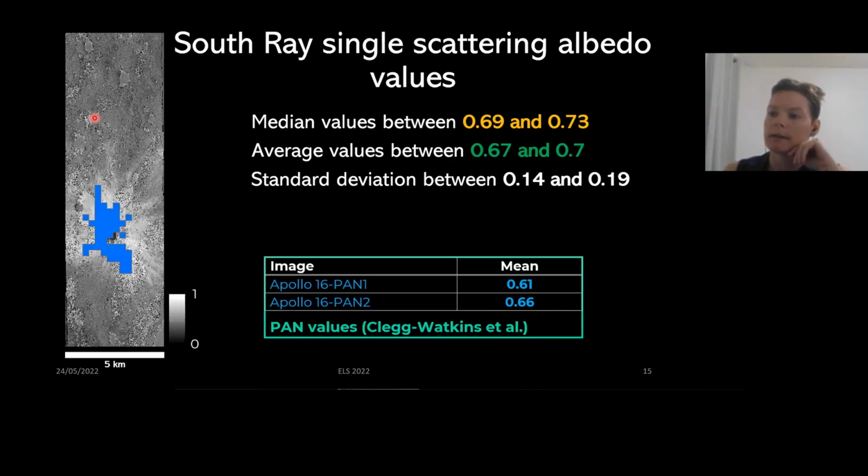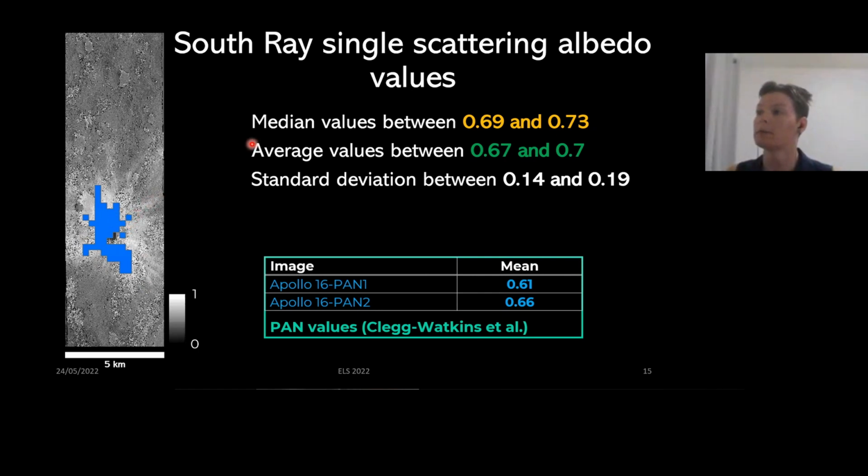And so here, this is a single scattering albedo map for South Ray crater. This is just to show you that we benchmarked the study using other studies. So, I should say that the blue region here is the region where we observe pure plagioclase spectra, pure crystalline plagioclase spectra.